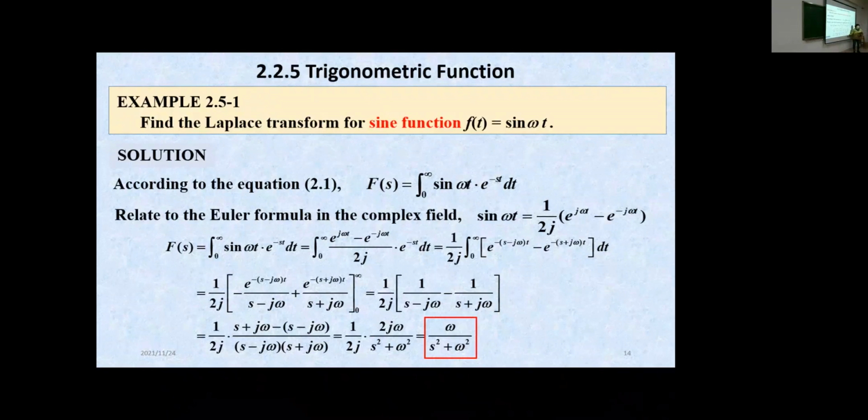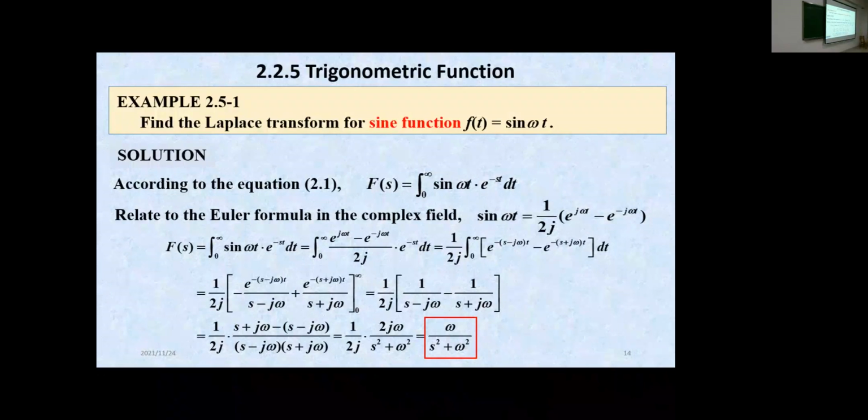Try to remember this result. The Laplace transform of sine omega t is omega divided by s squared plus omega squared. This is what we reference. You can go through this process after class, just by Euler. It's not as complicated as it looks once you do it yourself.